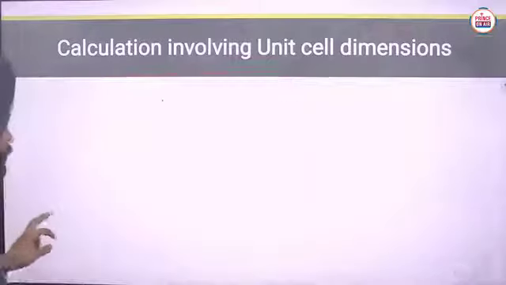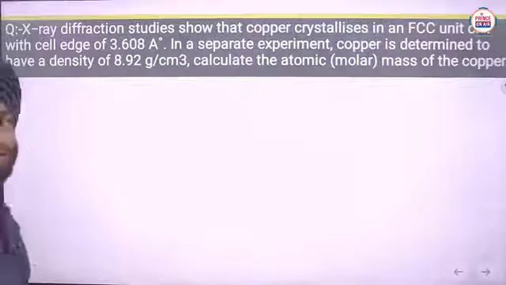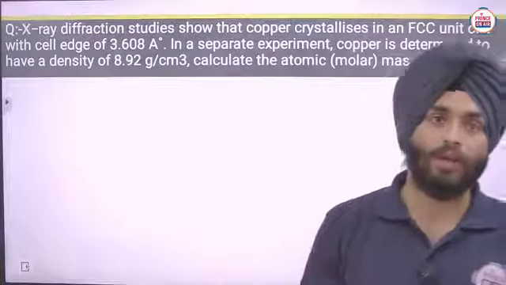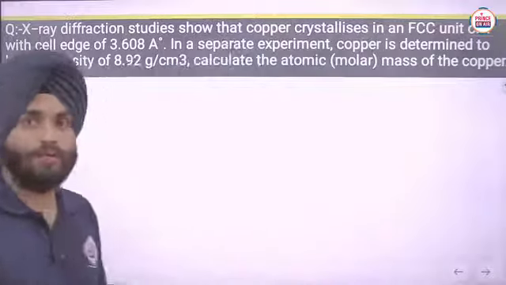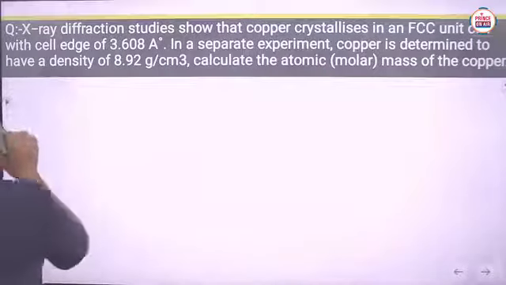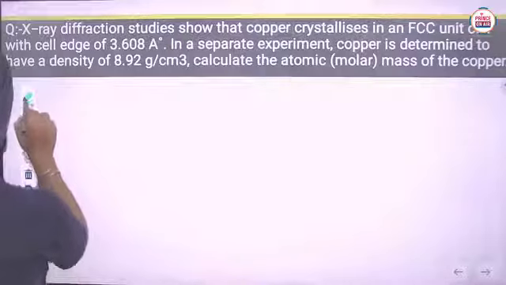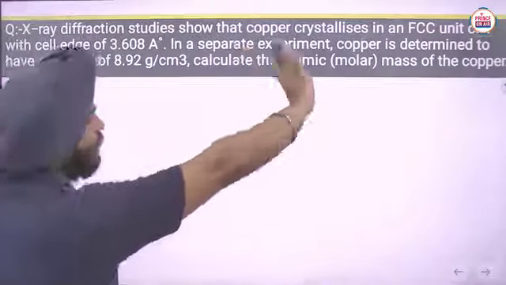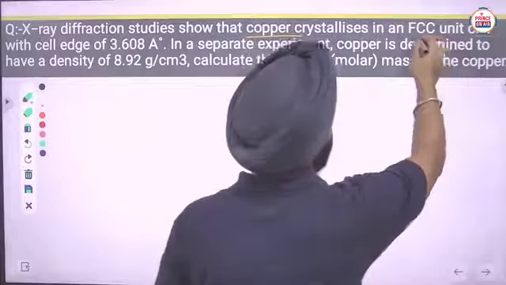Okay then. Now we'll do the numerical portion here. That numerical we have discussed already, so we'll do that fast now. In this section, X-ray diffraction study shows that copper crystallizes in an FCC unit cell.